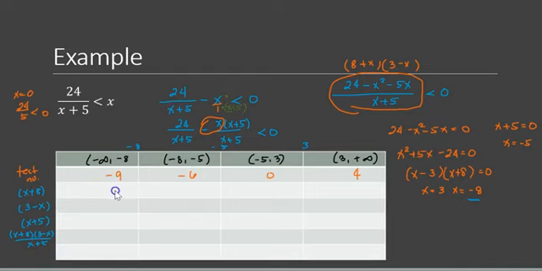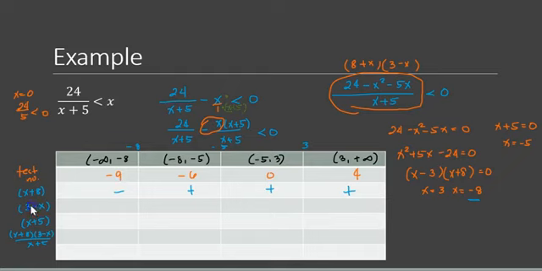Negative 9 plus 8 is negative. We can do it by row. Negative 6 plus 8 is positive. As x becomes bigger, adding 8 gives positive results. Hence the advantage of doing it by row instead of by column.